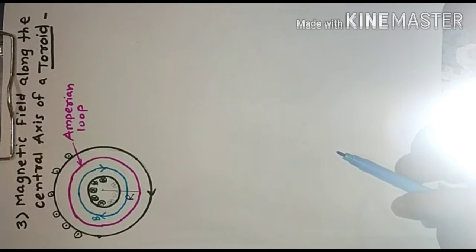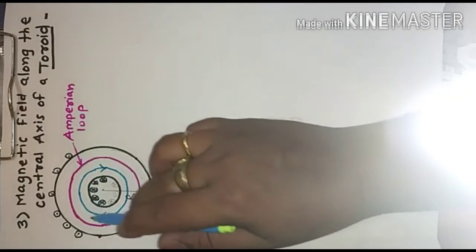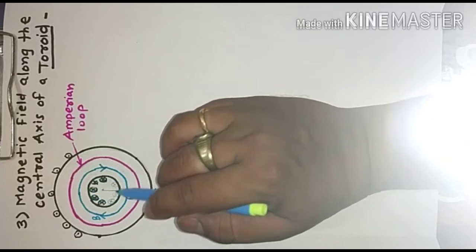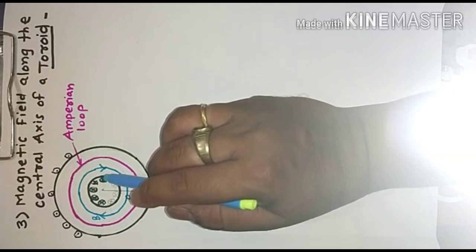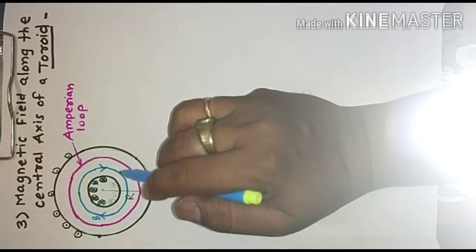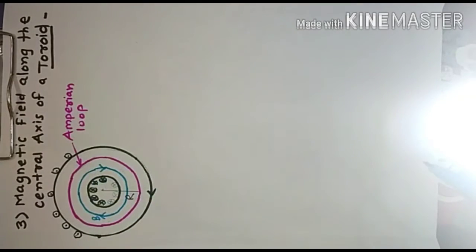We construct here the Amperian loop of radius r along the central axis. The magnetic field lines here are concentric circles in the toroid, and the direction of the field can be shown by using the direction of the current.